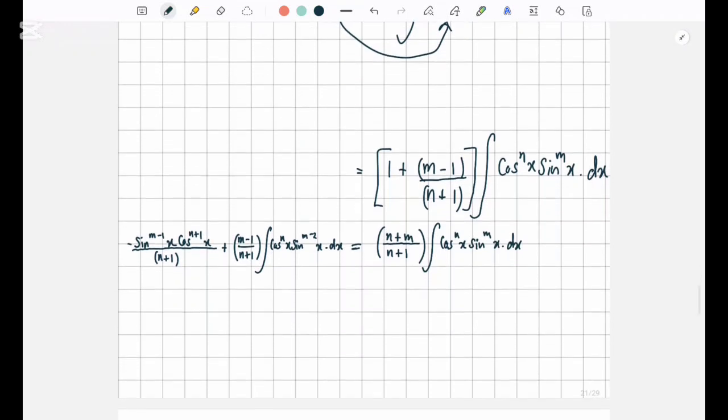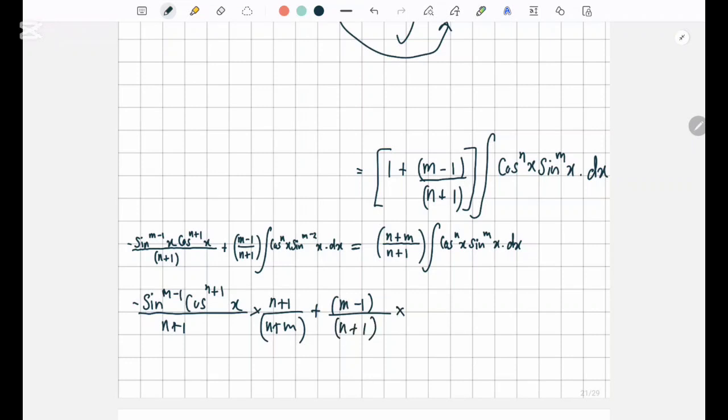So you could write minus sine x to the power m minus 1 into cos x to the power n plus 1 over n plus 1 into n plus 1 over n plus m plus m minus 1 over n plus 1 into n plus 1 over n plus m to the integral of cos x to the power n and sine x to the power m minus 2.